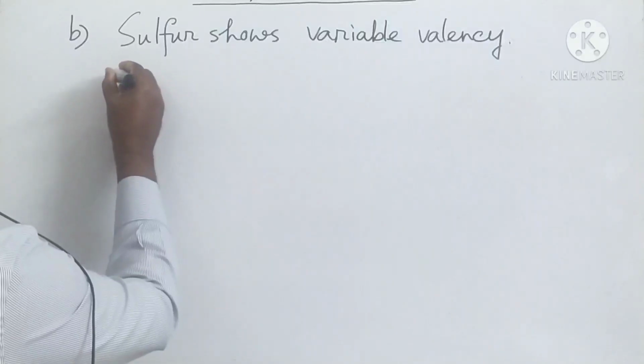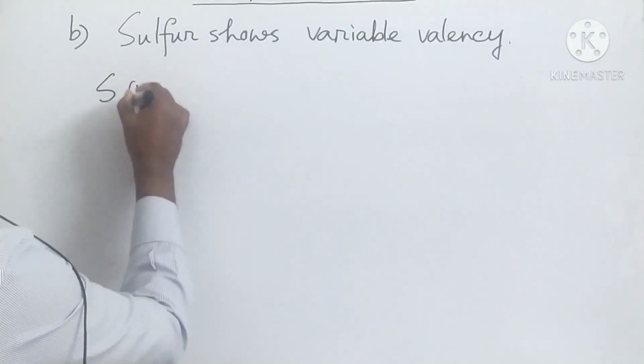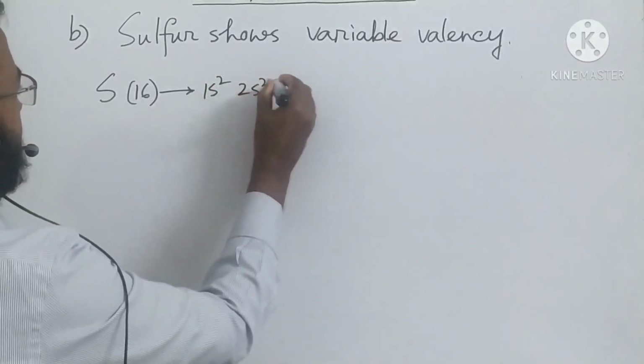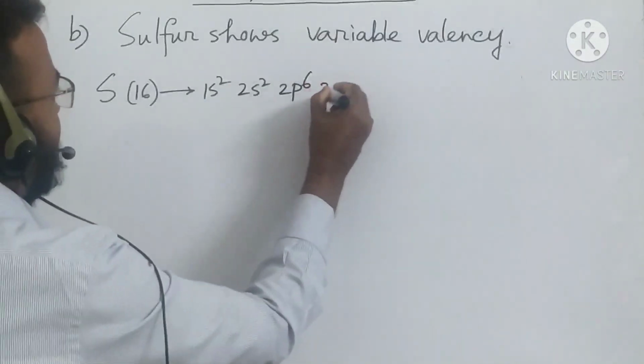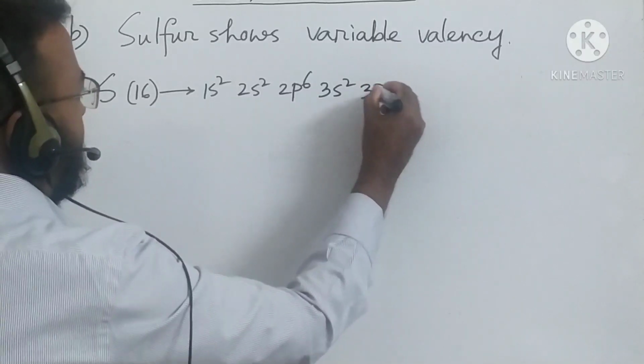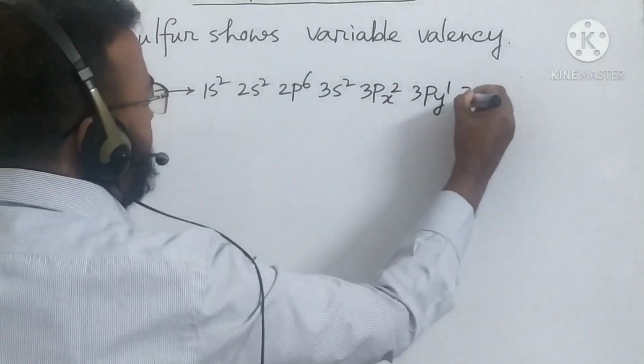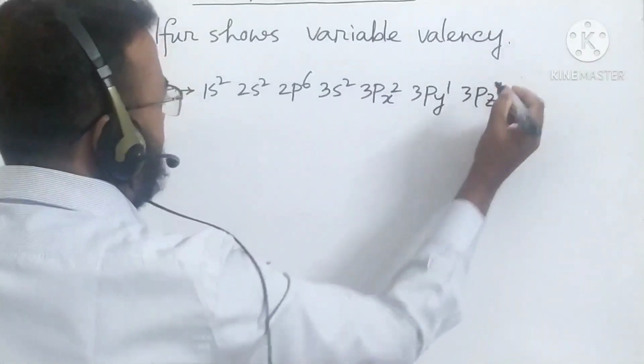Now sulfur, everybody see, atomic number 16. The electronic configuration is 1s2, 2s2, 2p6, 3s2, 3px2, 3py1, 3pz1.